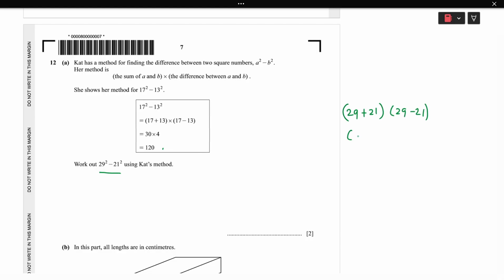So which is here 50, times here 8. So when we multiply 50 times 8, 40, then add a 0, 400. The answer is going to be 400.